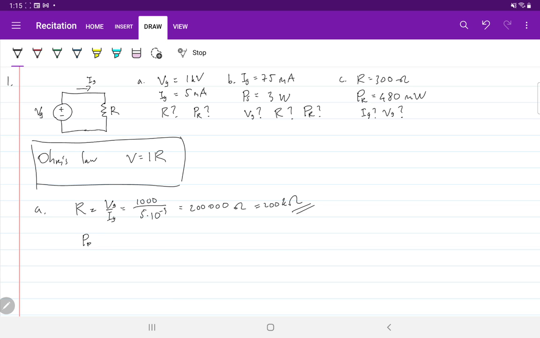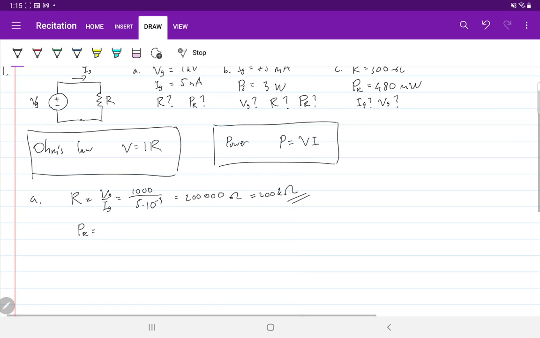So PR is, the equation for power P is equal to VI, so voltage times the current. So V here should be VR, right?